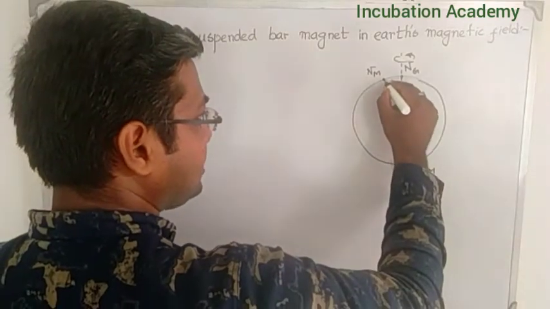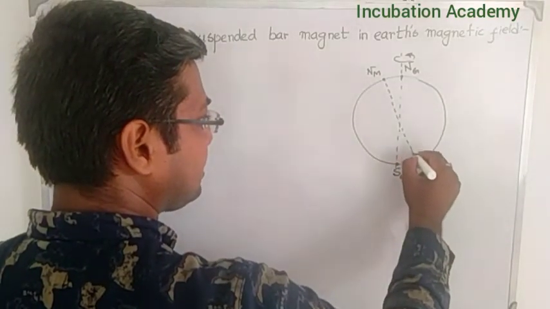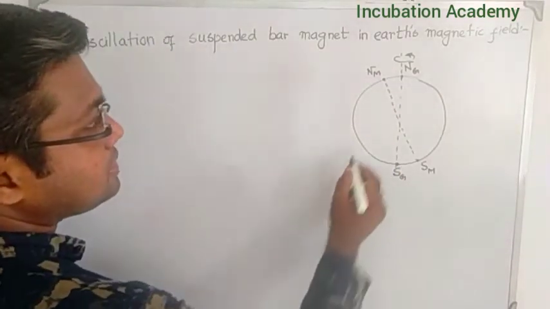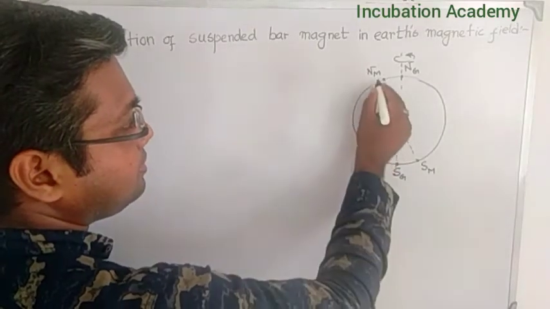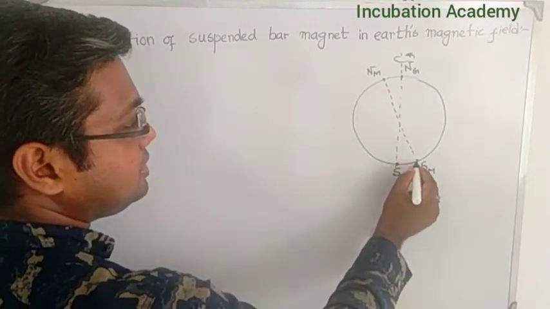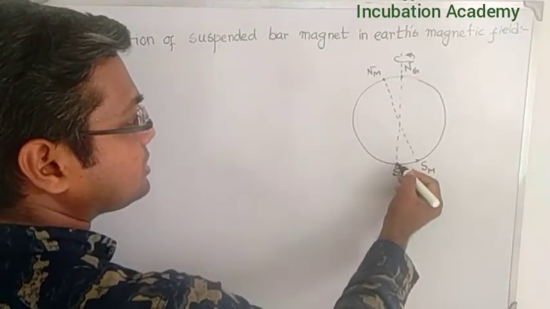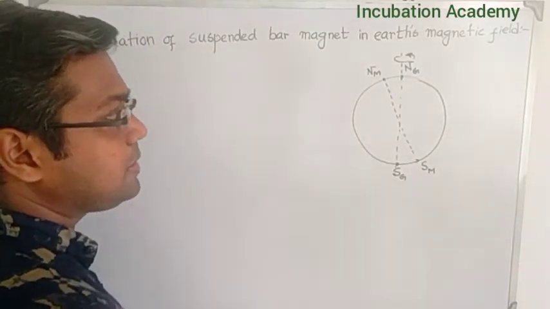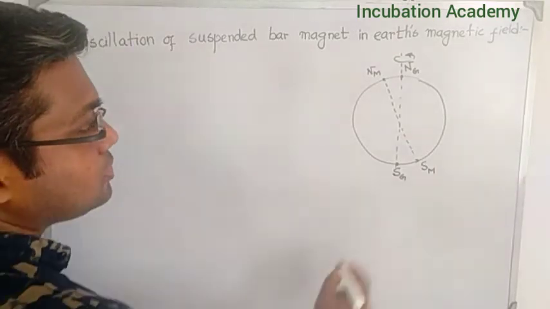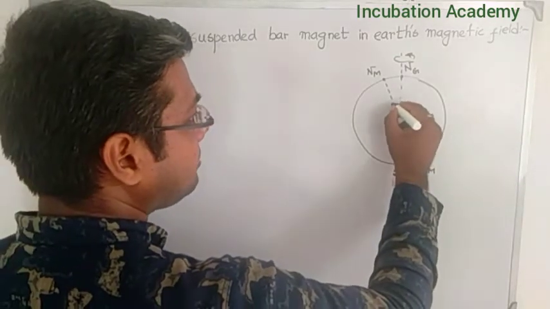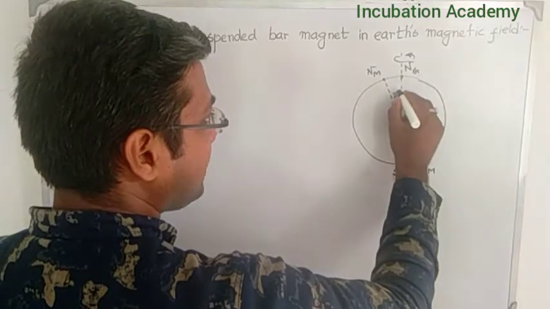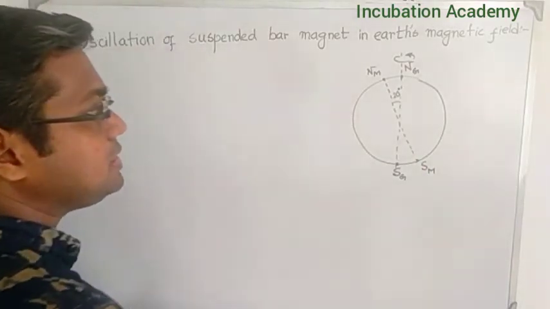So if we connect the magnetic north and magnetic south, we get the magnetic meridian, and if we connect the geographical north and geographical south, it is called the geographic meridian. They are not on the same line, but the angle between them is approximately 20 degrees.